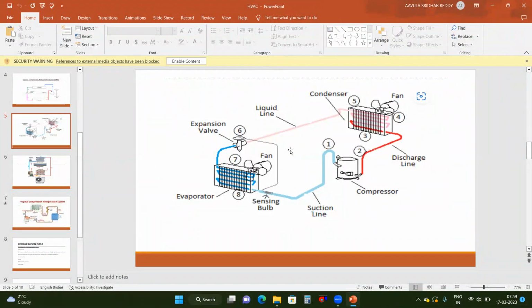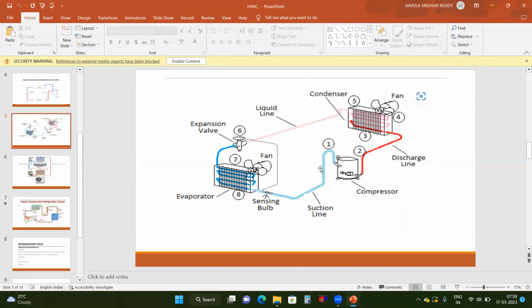Next we have the evaporator, which is inside the indoor unit. The evaporator and also an expansion valve, these two will be inside the indoor unit. The refrigerant goes through these copper tubes. You can see 1 to 2 to 3, these are all copper piping lines.